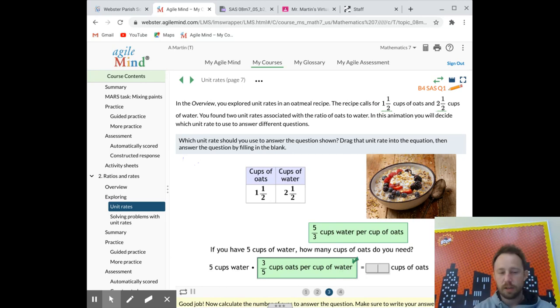Okay, so let's go with Deonti. Multiply this out for us. You're multiplying 5 by 3, right? Correct. What's 5 times 3? 15. Correct. And then we have to do 15 divided by what? 5.